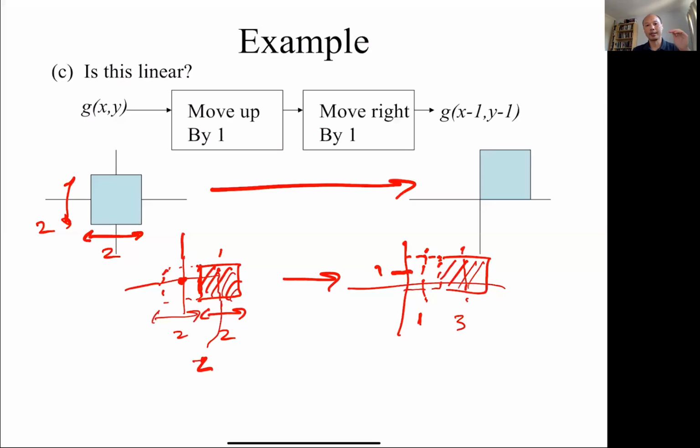And then the scaling is, if I have my object, and let's say my object is this big, and I shift it, and now I made my object twice as big and I shift it, then it's just that object shifted multiplied by 2. So this would satisfy both addition and scaling. So it is a linear system, right? So that's good because we do this all the time in imaging. We move things around in space. And if that was not linear, that would be a big problem, okay?